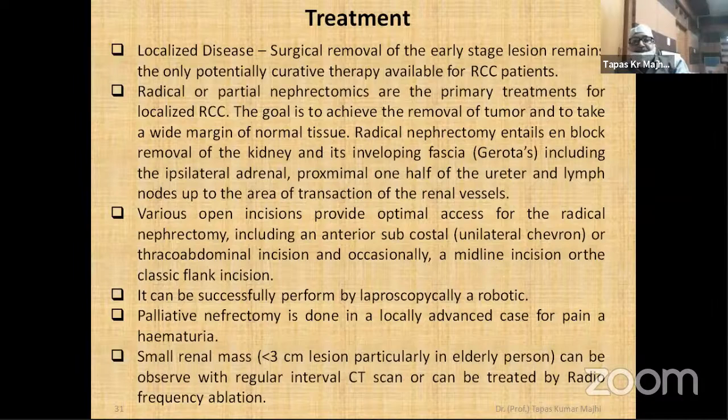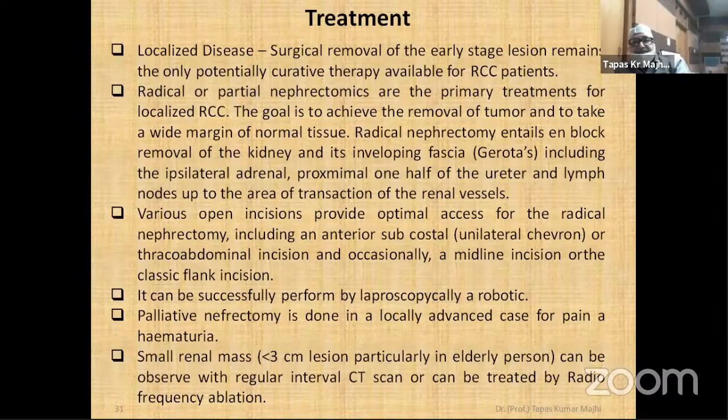Incisions that provide optimal access for radical nephrectomy are anterior subcostal, bilateral chevron, and thoracoabdominal incision, particularly when there is a very large tumor arising from the upper pole, occasionally midline incision, and the other classical flank incision.